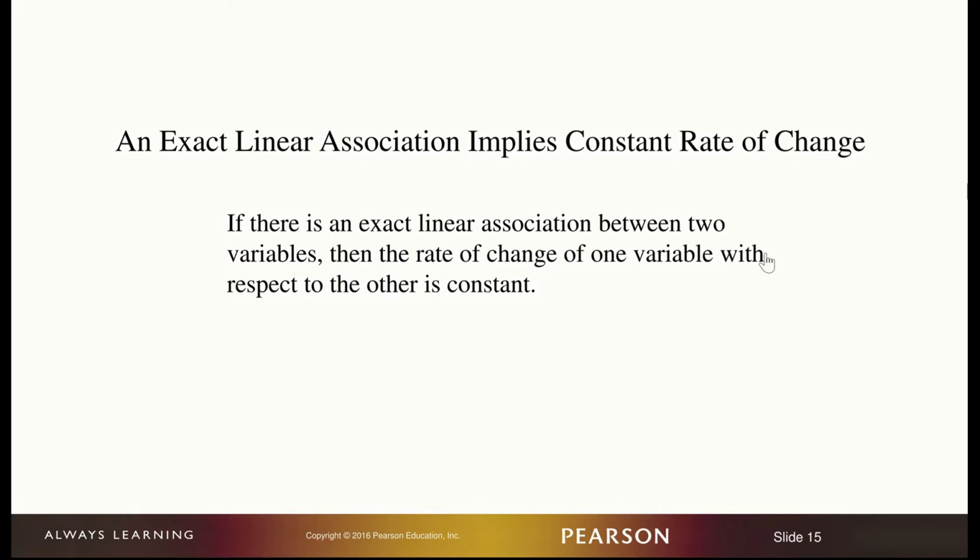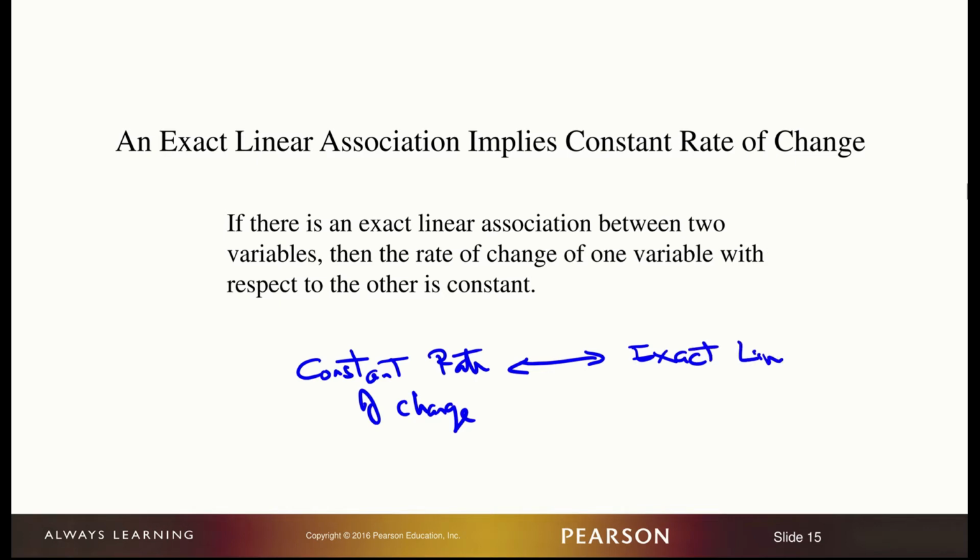So basically, from a logical standpoint, we say a constant rate of change, we put a double arrow, so we say if and only if, or is equivalent to, an exact linear association. Okay, and that's how we categorize these.